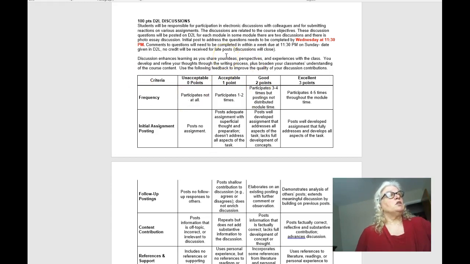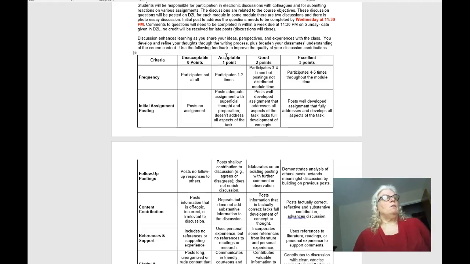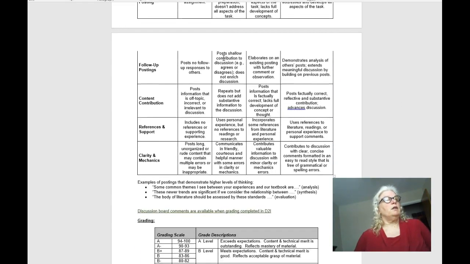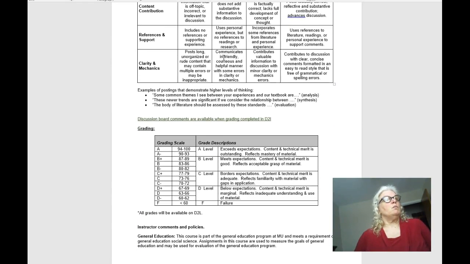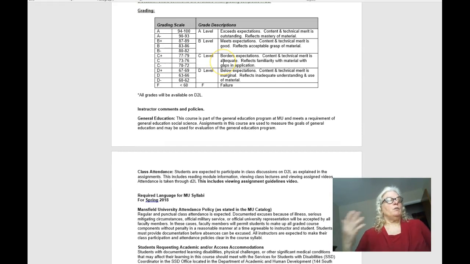Your first initial post needs to be completed by Wednesday at 11:30 p.m. and you need to comment on at least 3 posts to receive full credit. We'll be following the rubric entirely, which means that every discussion board is worth 18 points. But remember, your discussions are worth 1/6 of your grade in total.